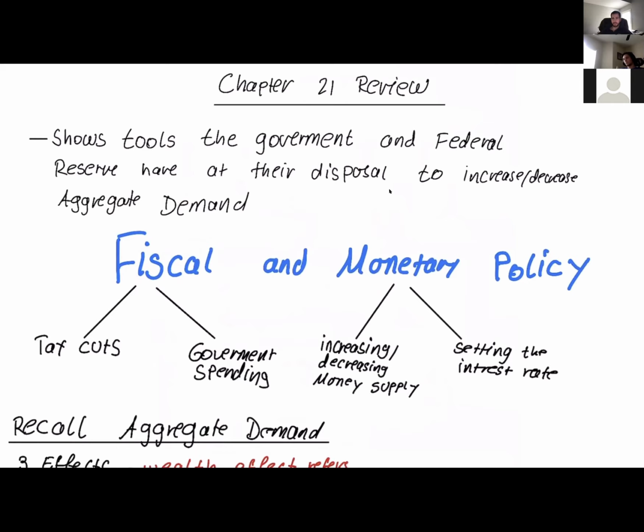At the moment, with COVID, the Federal Reserve Bank and the government have been doing everything they can to keep aggregate demand high. So, if there's a time when you should know about this, it's right now.